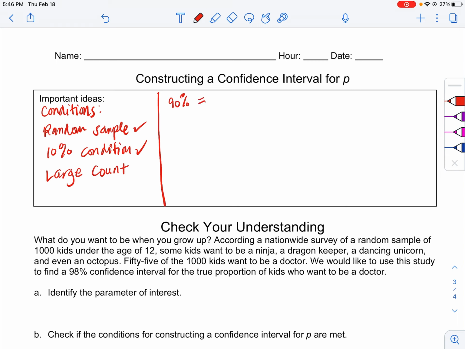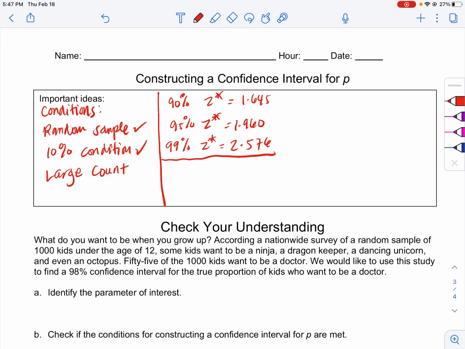Just example, 90% has a Z star of 1.645. 95% has a Z star of 1.960. These are the common ones. 99% has a Z star of 2.576. Of course, you do not have to memorize that because you have the calculator and you have the table.